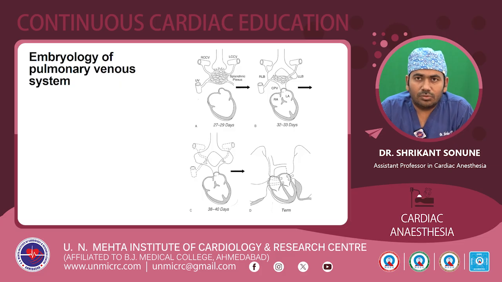At around 32 to 33 days of gestation, there is formation of the common pulmonary vein, which is the only connection at this time between the heart and the lung.